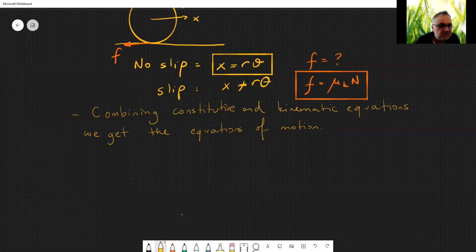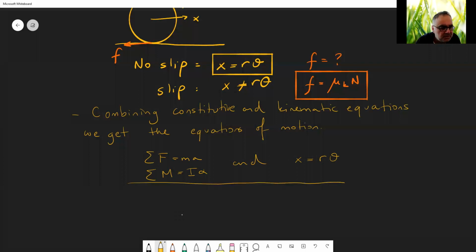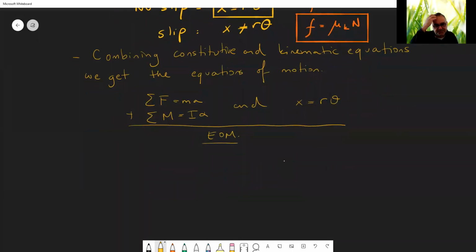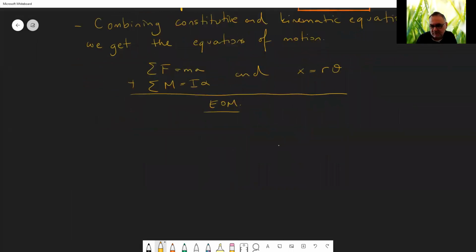We basically write F equals ma, moments equals I alpha, and kinematic conditions like x equals r theta. If you combine them, you get the equations of motion. You can always get the equations of motion. Okay? I think this is the simpler way of doing things.